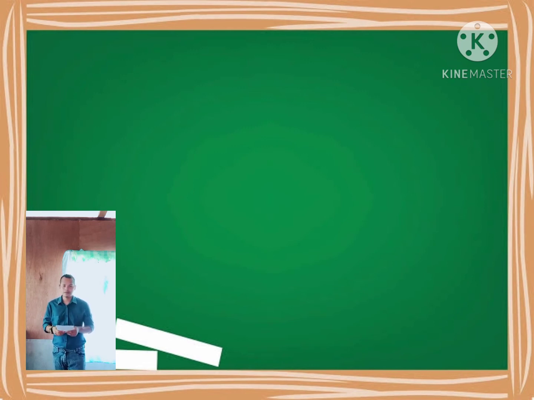Okay, pass your paper. Let us check your work. Number 1. A prefix goes blank of a word. Yes, Mr. Lanzaderas, what's the answer? Very good. The answer is letter A, at the beginning. Number 2. A suffix goes blank of a word.